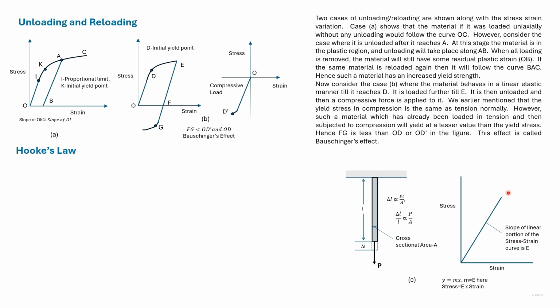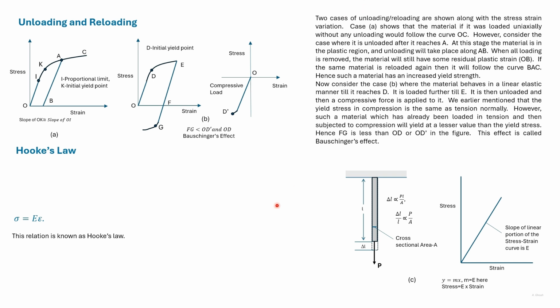Since this line passes through the origin, the equation for it is y is equal to mx. Here m is E, y is the stress, and x is the strain. So we get stress is equal to E into strain, which is written here. Sigma is E into epsilon.